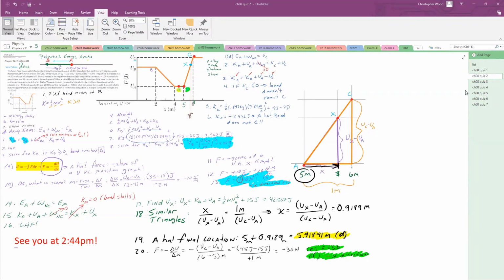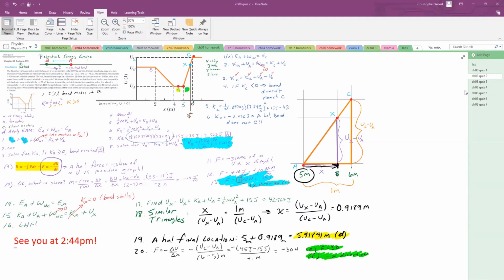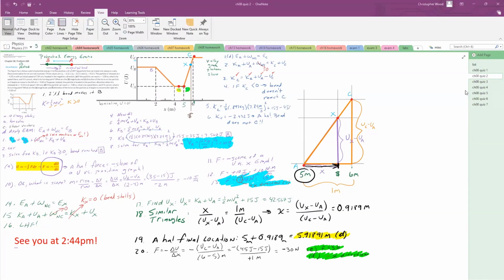Let's do the next one. Chapter 8, quiz 3. So you just lived through a potential energy graph and a bunch of stuff that's associated with it. That's, again, sort of a subspecialty. Chapter 8, quiz 3. Okay.